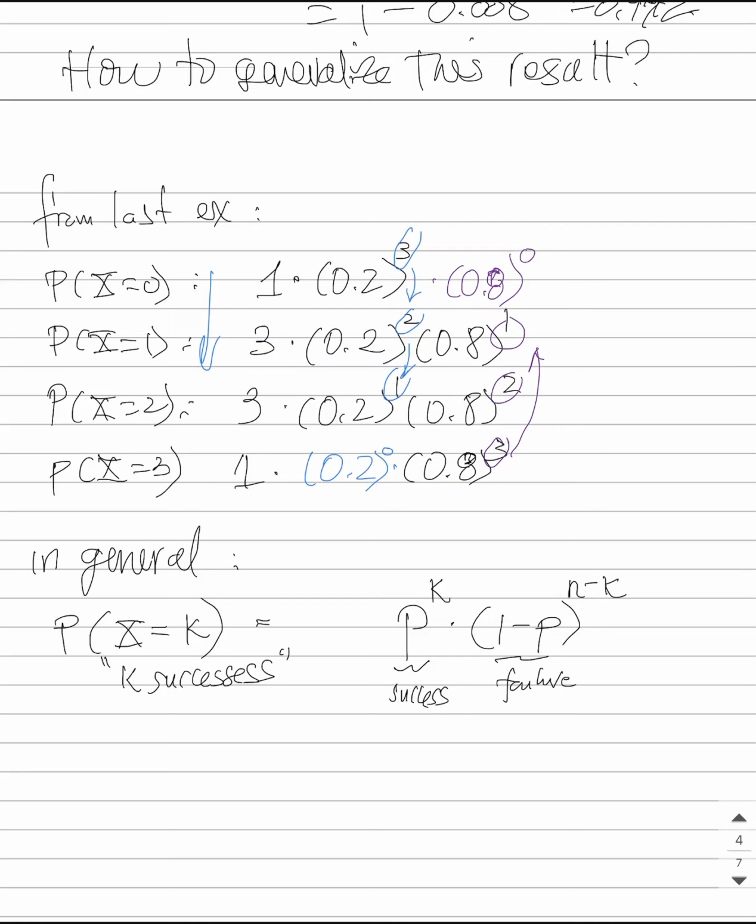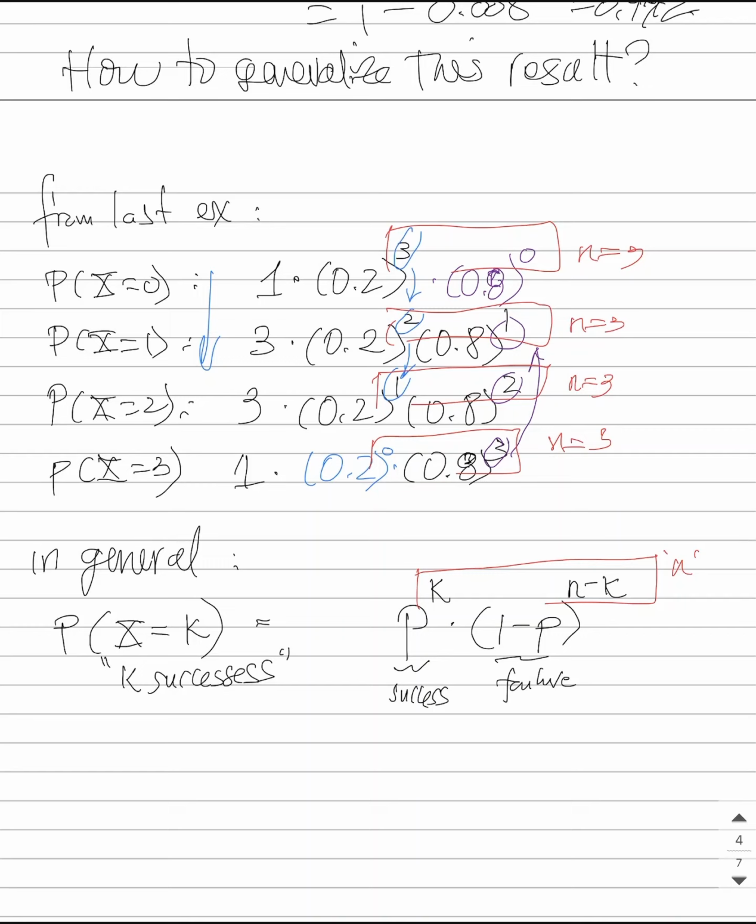Remember, at each stage, if you want to get in and out of your tree diagram, you have to go through n stages. If you take the exponents in each stage, they have to add up to the total n equals 3. And if you look at what we've done here to generalize, these do in fact add up to n.